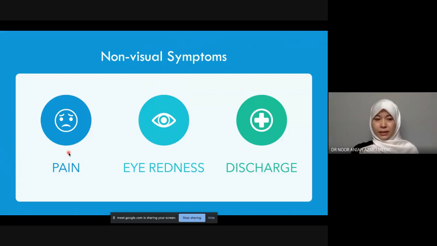Most probably it is raised intraocular pressure, or we call it IOP. If I say IOP, you know it's intraocular pressure. Or it could be an inflammation that's going on. It could be an infection that is going on. So that is an alarming symptom. Okay, eye redness as well. As we know, when the patient has conjunctivitis or pink eye or red eye, that one is alarming because it's an infection. Discharges are usually because of eye infection as well.